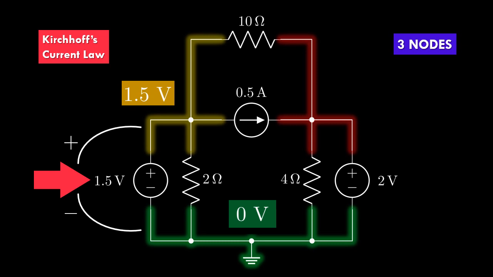That voltage source is creating a 1.5 volt voltage difference between the two nodes. And since the lower one is 0 volts, the higher one must be 1.5 volts. That's why that node is 1.5 volts. Similar logic applies to the top right node. That 2 volt voltage source makes sure that the node has a voltage of 2 volts. If you actually built that circuit and measured the voltages, that's exactly what you would get.